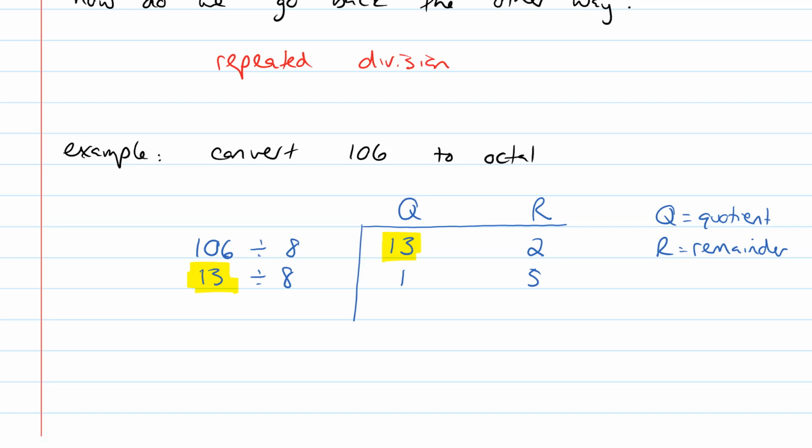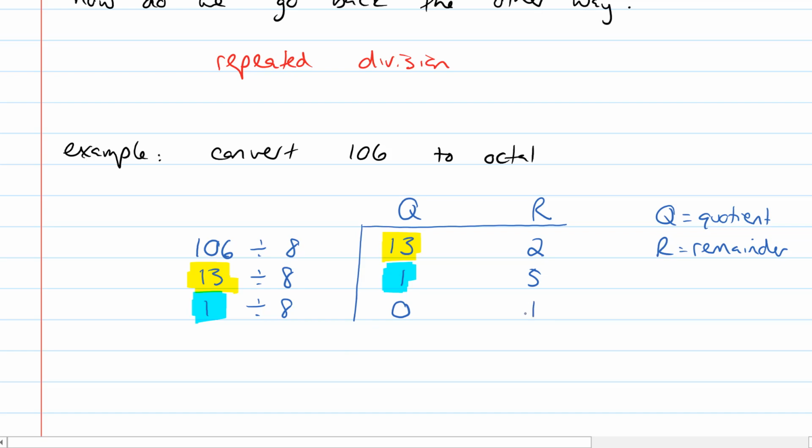Now again, take the quotient here, write it below, and we're going to have 1 divided by 8. Hopefully you can tell by looking that 8 doesn't go into 1 evenly at all, so we're going to get a quotient of 0, and what's left over? Just the 1.